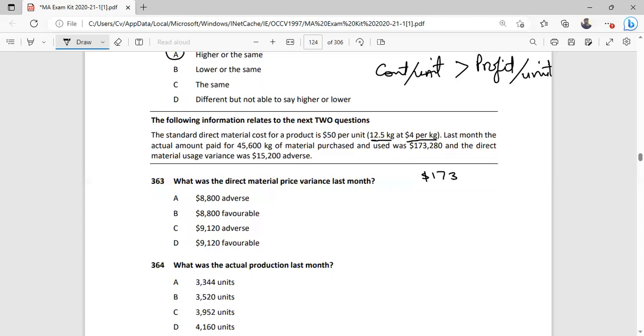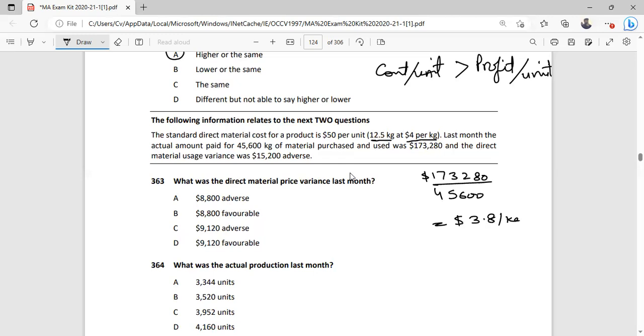So you divide 173,280 by 45,600, and you can calculate your actual price per kg. It is 3.8.